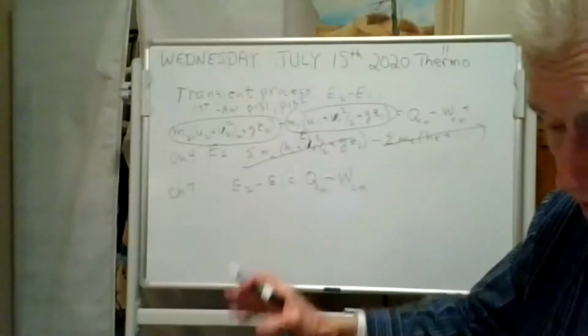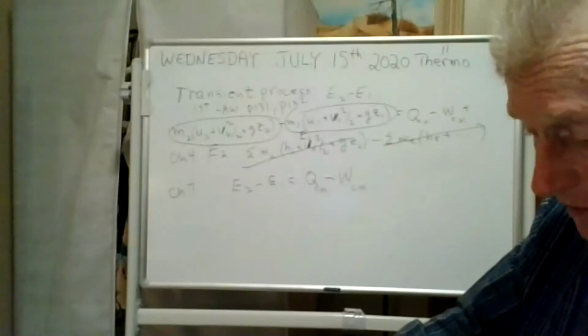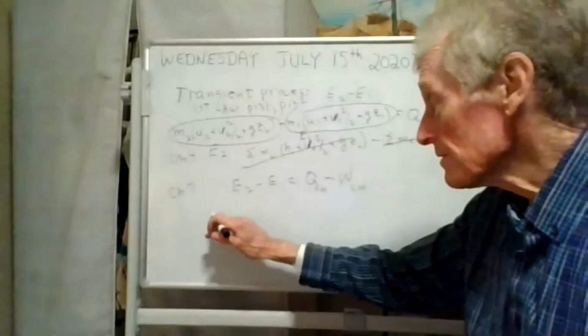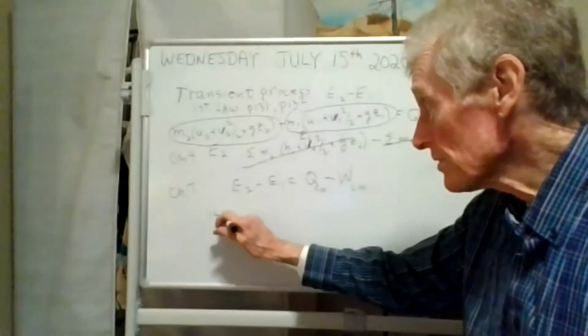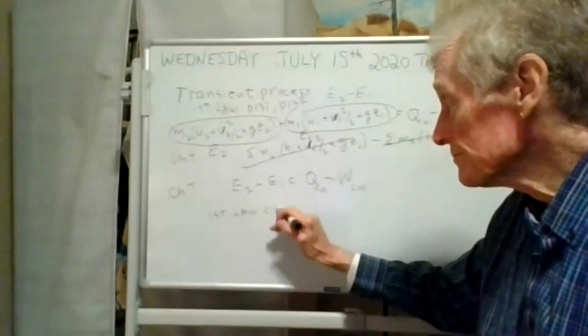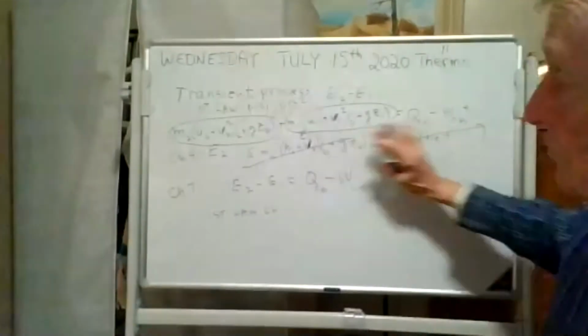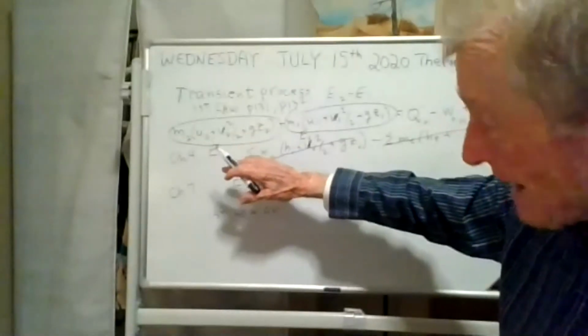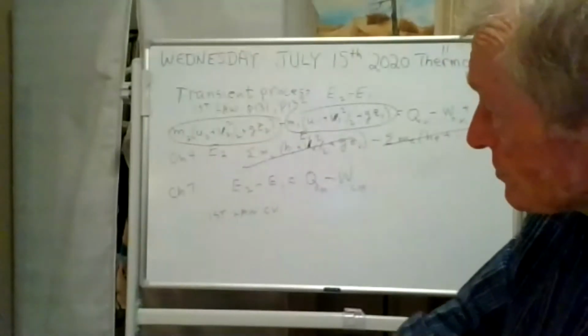And the same sort of concept could be applied to the second law. You can also get the first law for control volume from this granddaddy equation by dividing through by time and making the time exceedingly small.